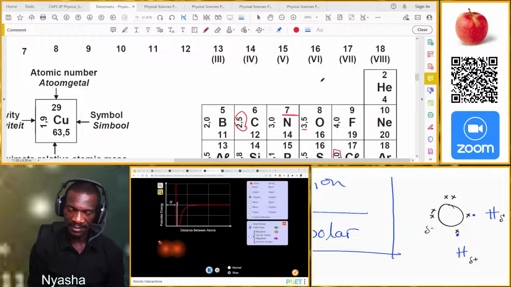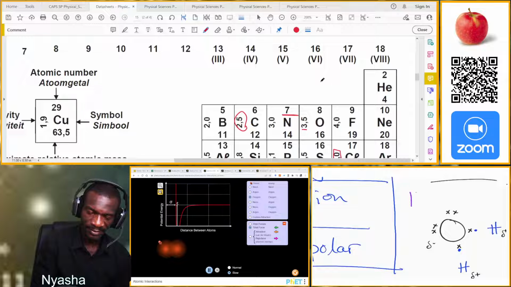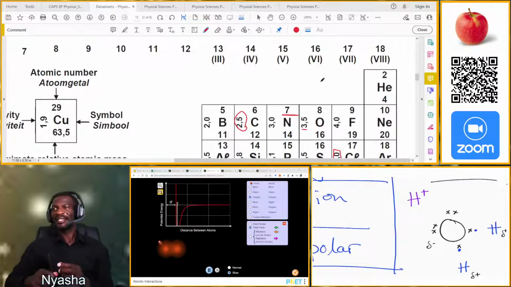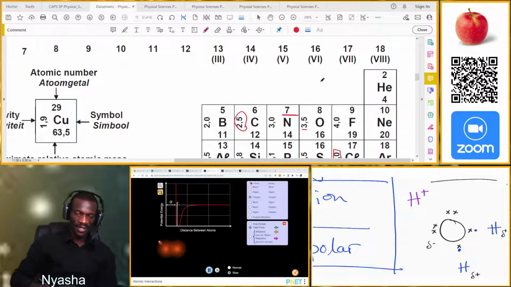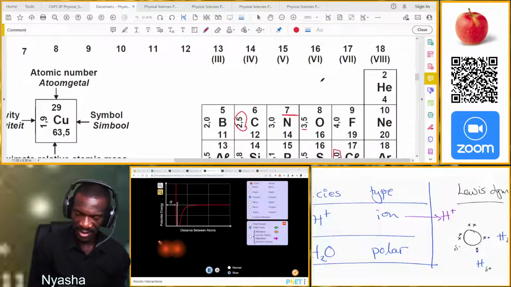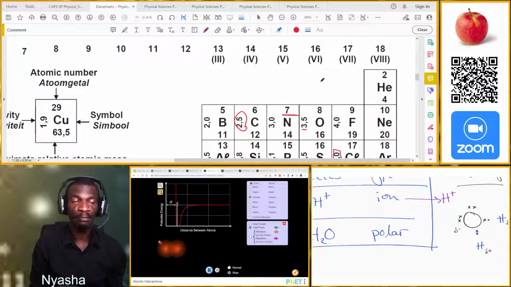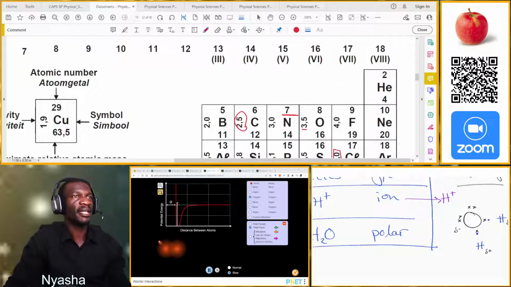So in this setup, we are now given a hydrogen ion. So we have an ion, and we have this polarized molecule. These are the poles, the electric poles, where we have a positive and a negative.